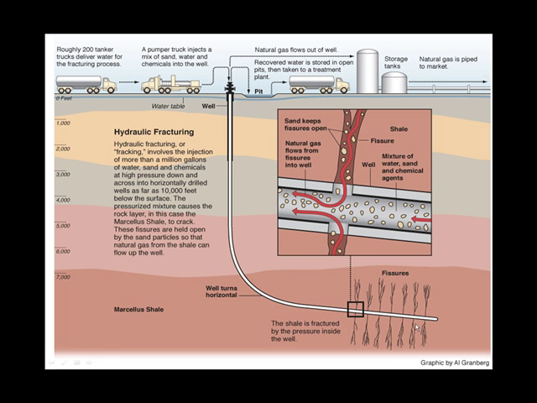This actually, like I said, causes the shale to fracture. Why? Because then it's going to allow gas that has been trapped to now flow, and it comes back up to the well, and then it is taken out. The recovered water is stored as waste, and the natural gas is separated and piped out.